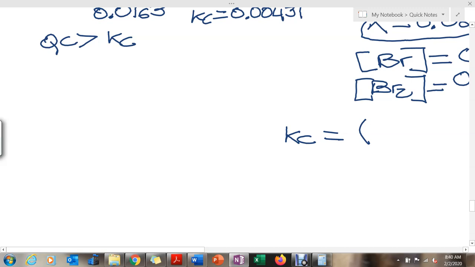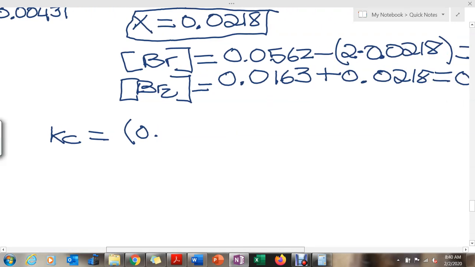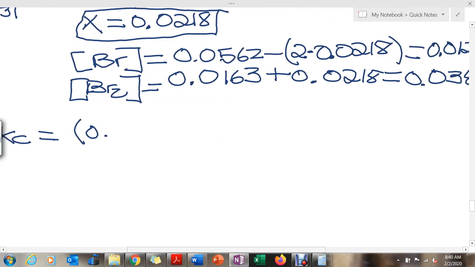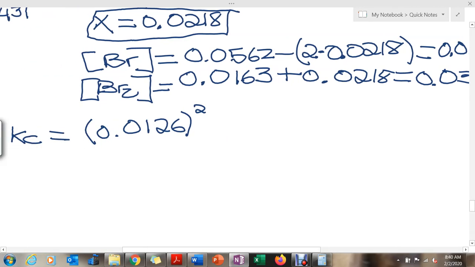So Br to the square, which is 0.0126 to the square divided by 0.0381.